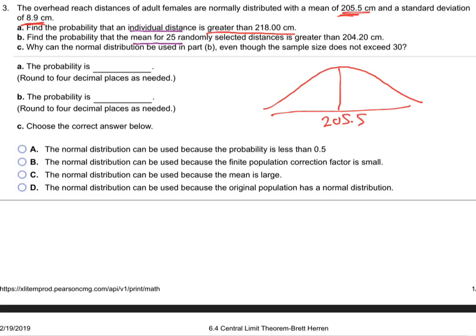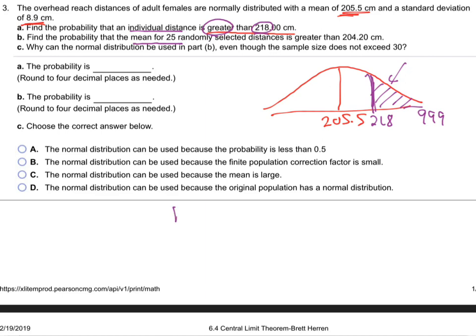Then 218, is that to the right or the left? It's a little bit to the right. They're asking greater than 218, so I shade to the right of it. What's the left edge of my chunk of shading? 218. The right edge? 999.